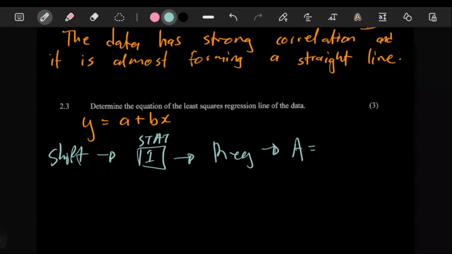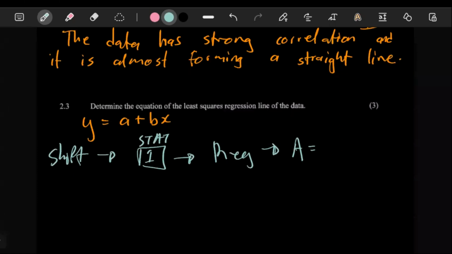I was saying the steps but not checking the answer in the calculator, so let me do it here. We press shift, then stat, then reg, and after pressing reg, we press A. There we go.